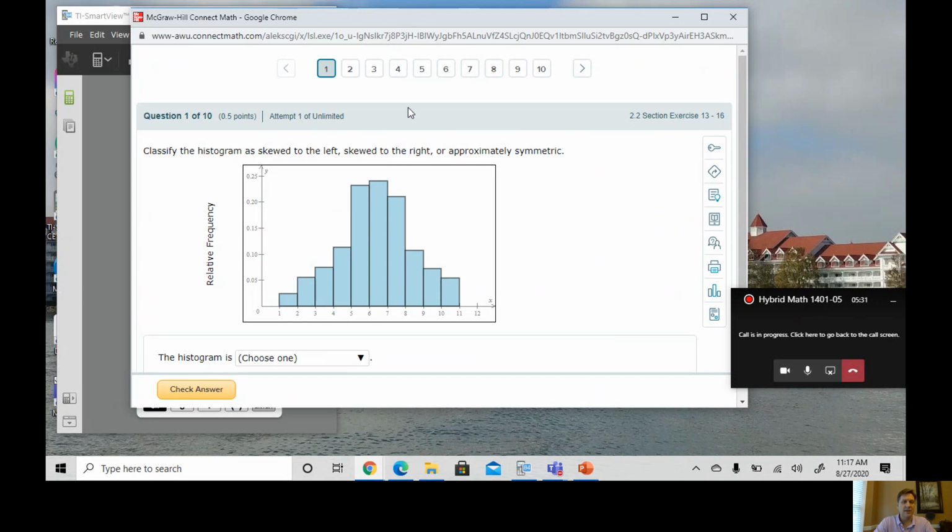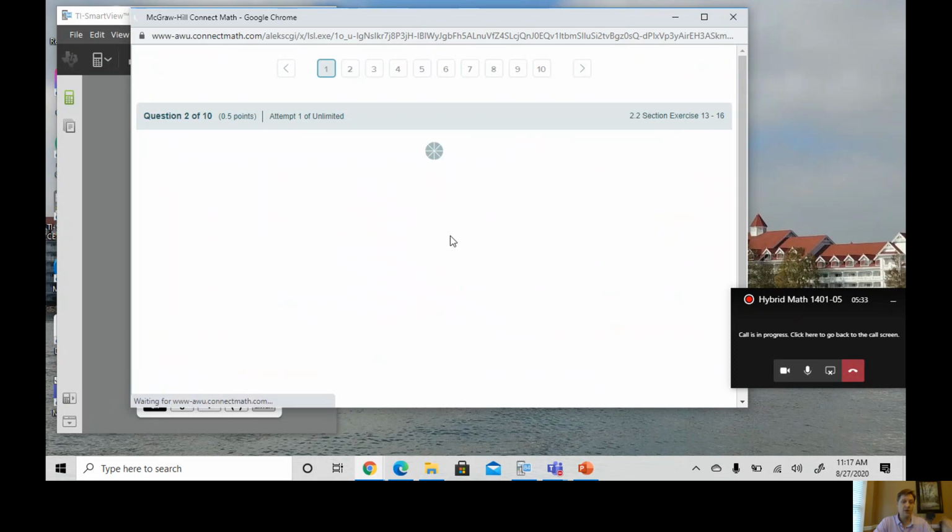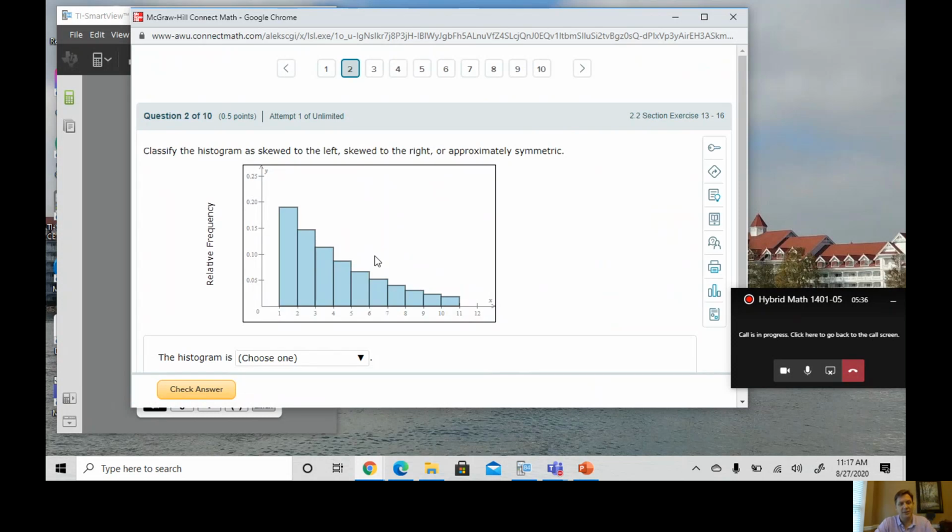On the other hand, if it has a tail on the right, then that is a skewed to the right or right skewed histogram. The data is right skewed or positively skewed. This is because the mean is the balance point.